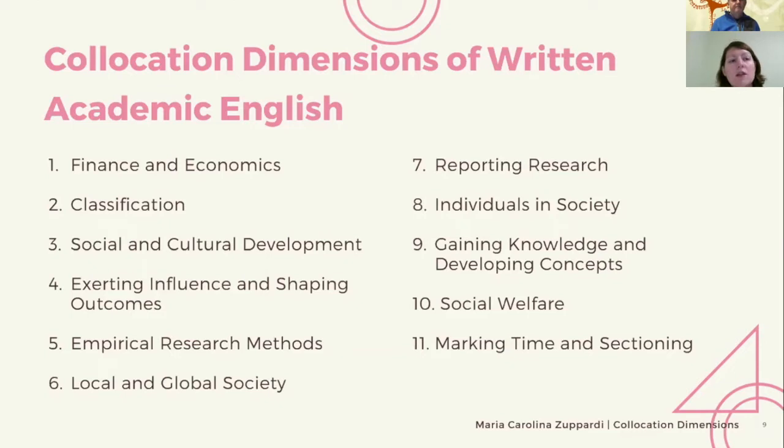So the first thing is, because we were able to get to collocation dimensions that actually made sense and represented extended collocational networks, we can say that it does work.